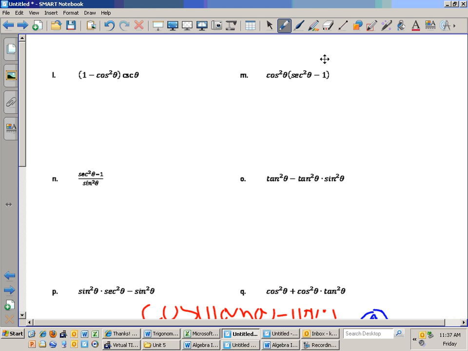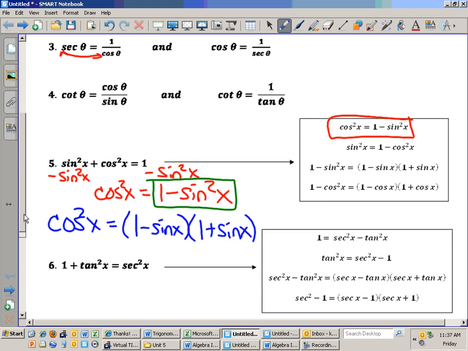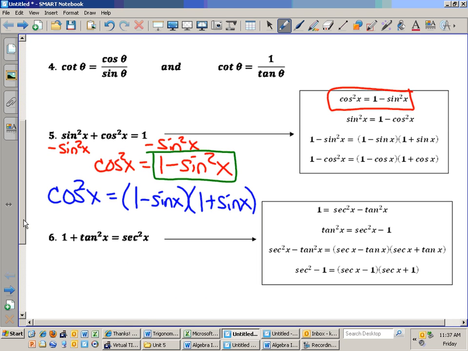And if I see 1 minus cosine squared of theta, I know I can actually insert something for that because I remember my formulas. If I look back at my formulas, I know this. Sine squared plus cosine squared is 1. And I can manipulate that to look like this and this. So remember, I have 1 minus cosine squared.